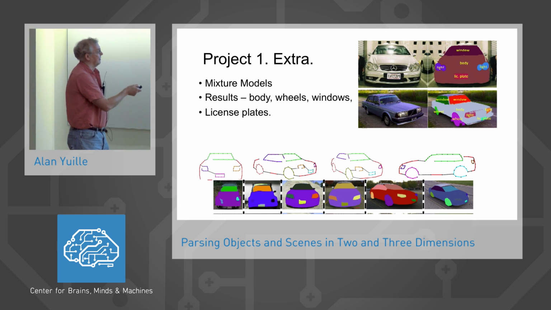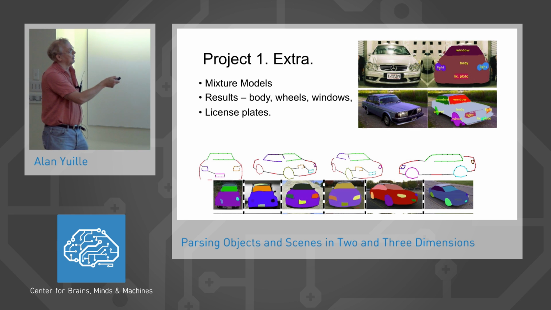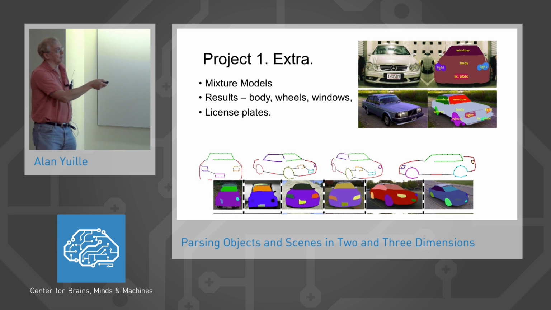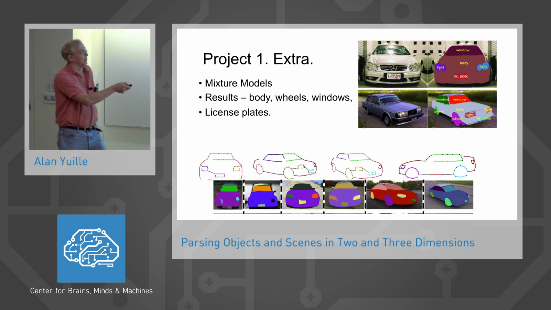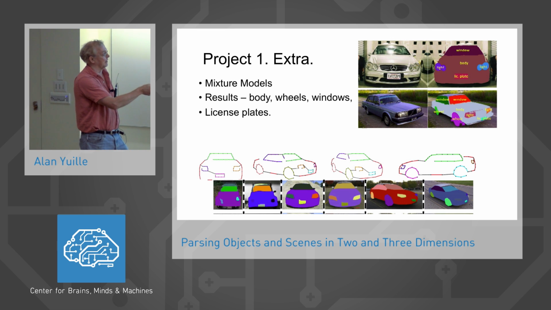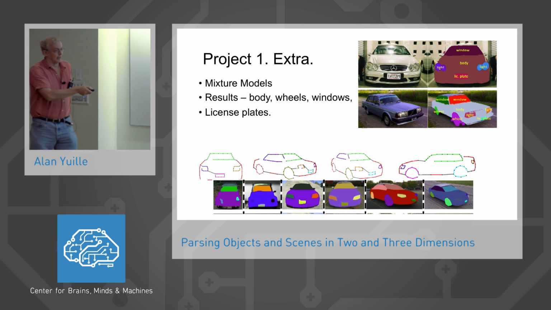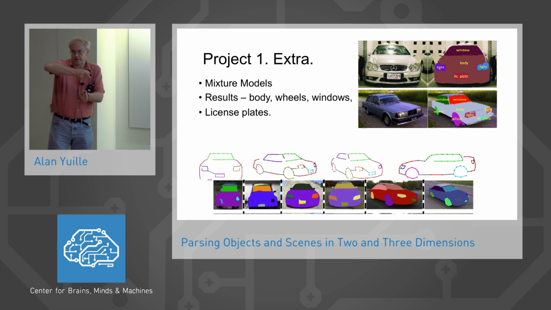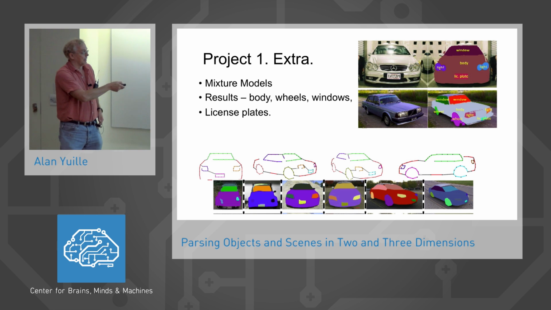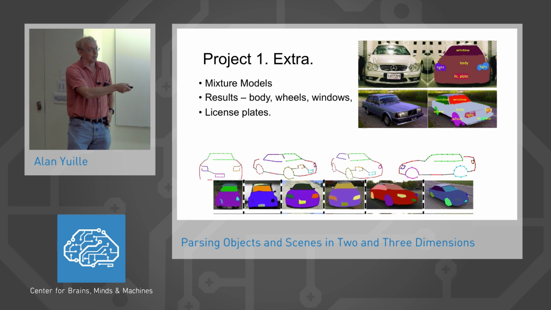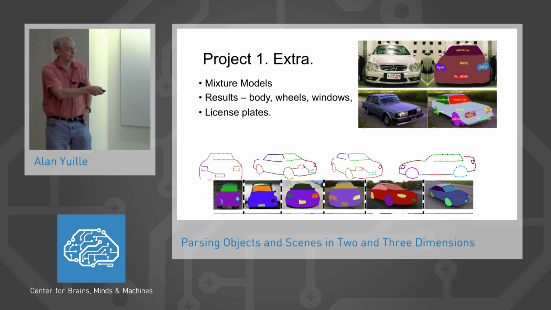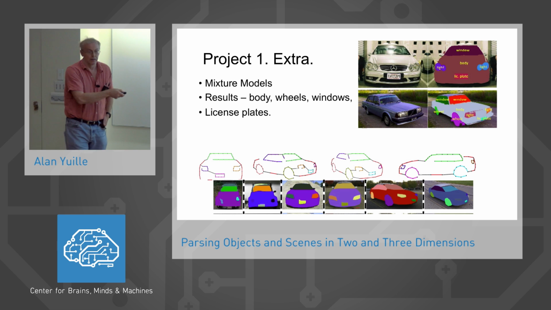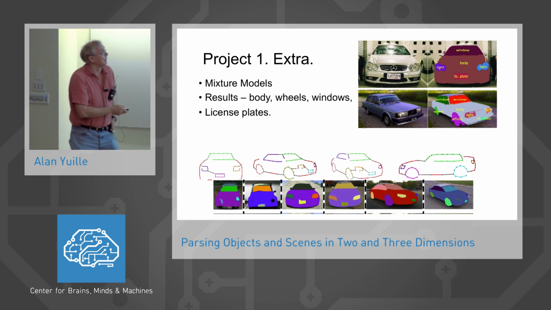Instead of putting a box around the car, you want to break it down into the window region, the body region, the license plate region, the lights, etc. And because the car is more or less rigid, instead of having all these parts and putting them together, you could have a model of the car from this viewpoint, this one, that one, and so on, only a limited number of those, and still do inference fairly well and get fairly good quality results.